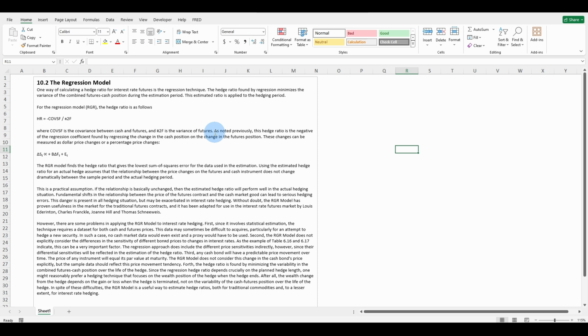As noted previously, this hedge ratio is the negative of the regression coefficient found by regressing the change in the cash position on the change in the futures position. These changes can be measured as dollar price changes or percentage price changes.